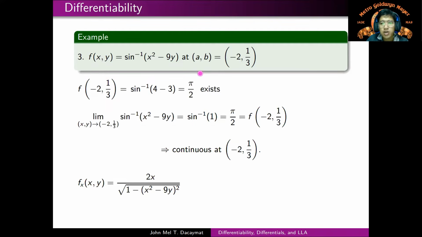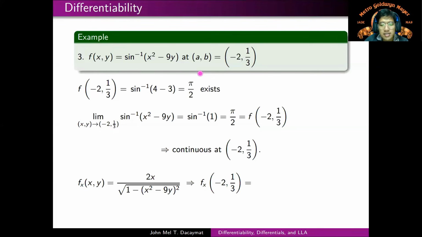So yan yung partial ko with respect to x. Hindi ko makonclude na ito ay continuous everywhere, no? Kasi ano to rational na may radical pa. Hindi tulad kanina na skip ko na yung step, no? At nasabi ko na agad na continuous everywhere yung partials. Ito hindi.